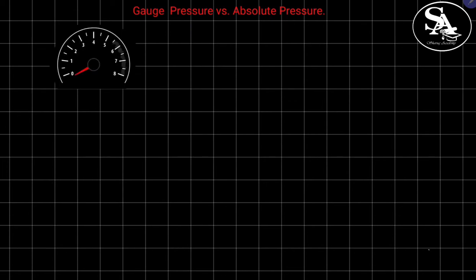In terms of pressure, when the pointer of our gauge is on 0, that means our gauge pressure equals 0 and our absolute pressure is equal to 14.7 psi or 101.3 kilopascal.